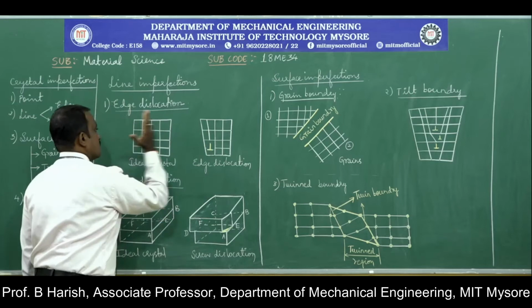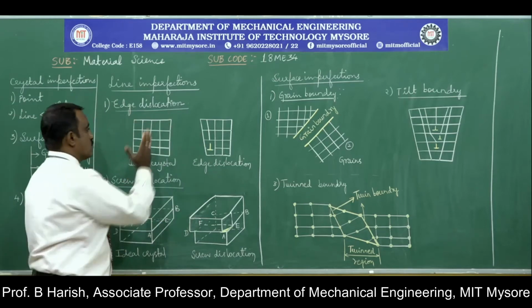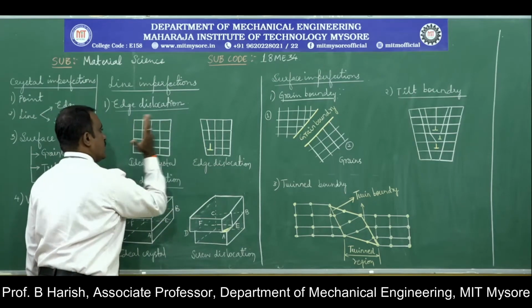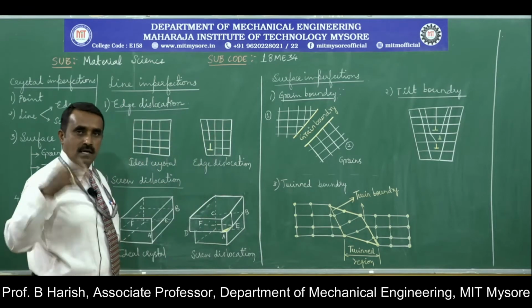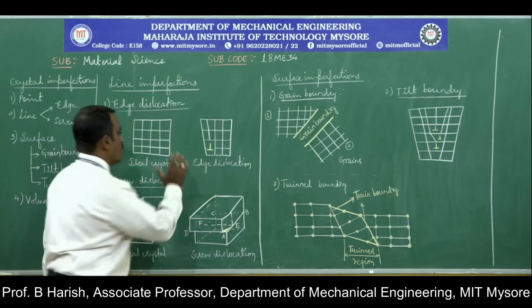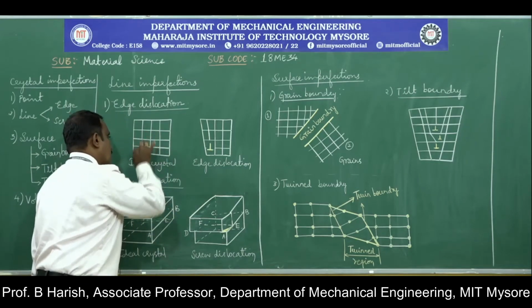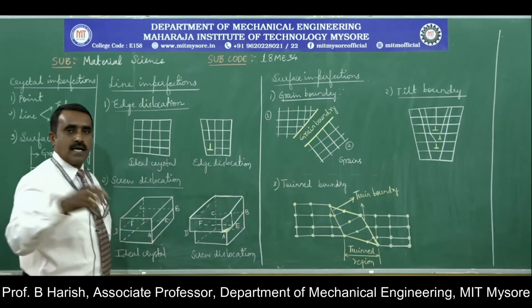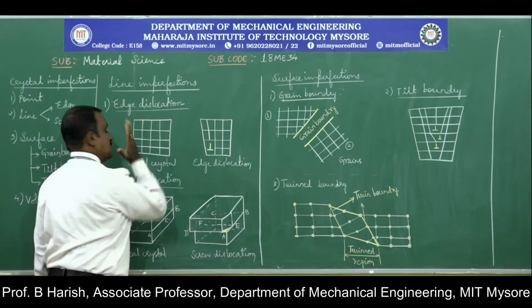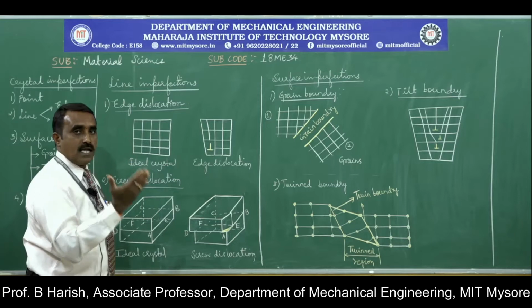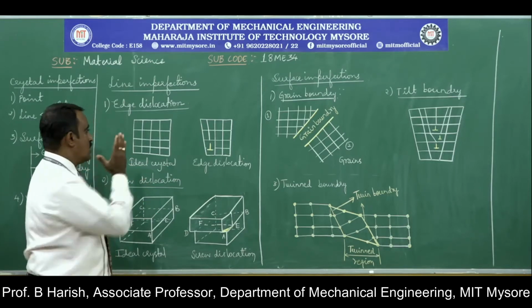Here you can see these perfect edges. This is a perfect edge, this is a perfect edge. Now in this figure, this edge remains the same, there is no change. Only this set of atoms in this region gets changed from its original position. Hence, this edge gets changed. There is a change in the arrangement of the atoms on this particular edge.